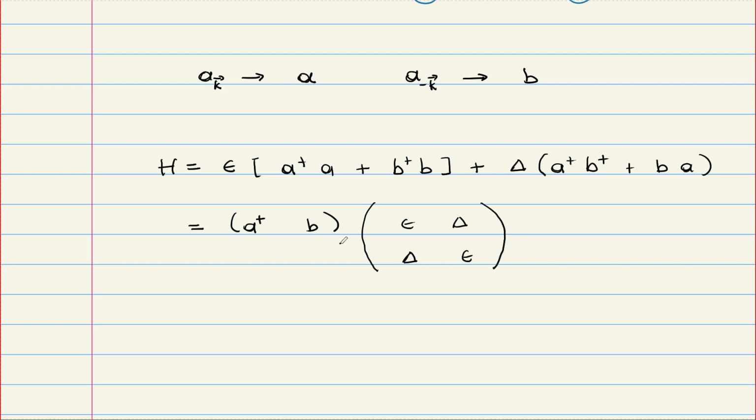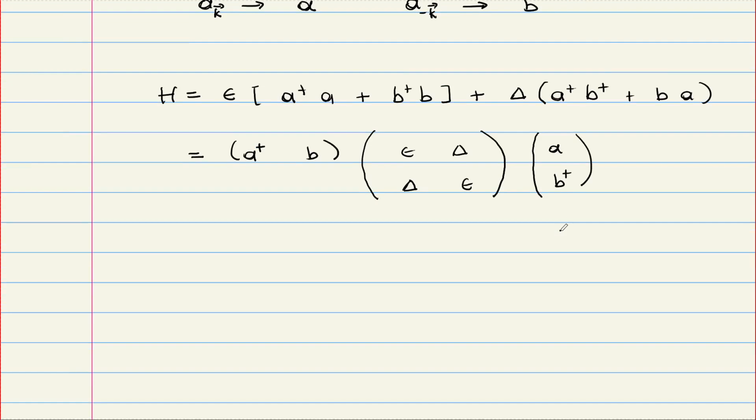So row vector multiplying matrix multiplying a column vector, and this is going to be A B dagger. Good. And you can check, right? Multiply this with this and multiply this with this, and you are going to reproduce exactly this Hamiltonian.